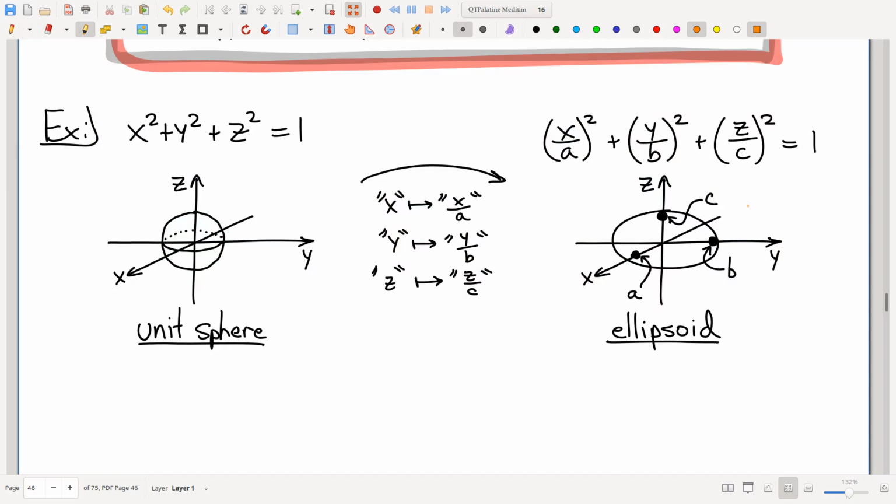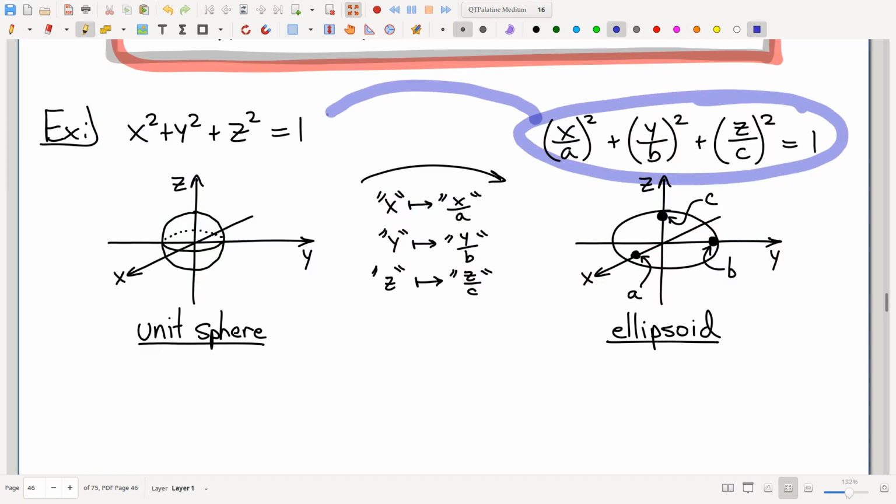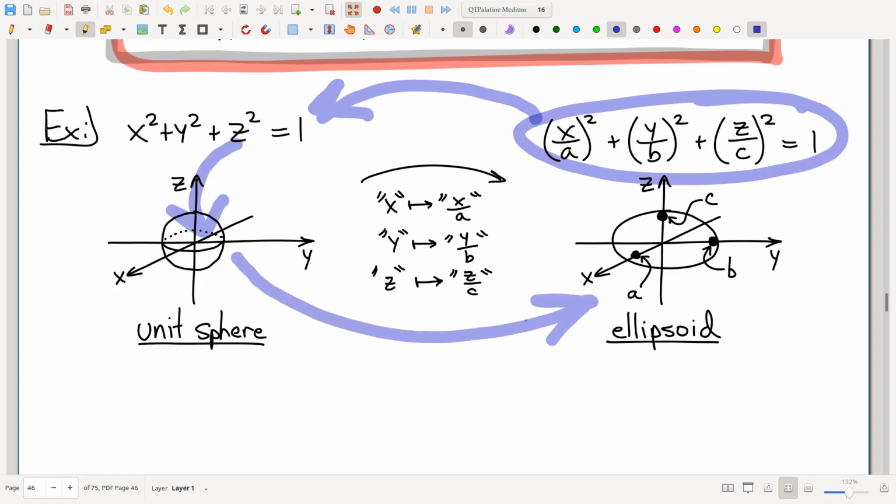The strategic summary is that if you start with an equation like this, look at something simpler that you can relate it to. Think about what that looks like, and then do the corresponding geometry to conclude what you actually want. Sort of a 3-step process there. Does that make sense? All right.